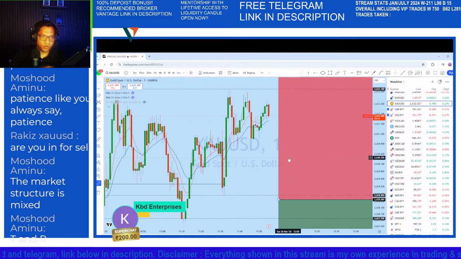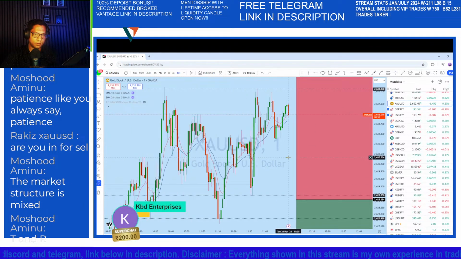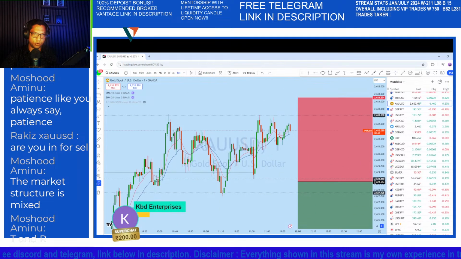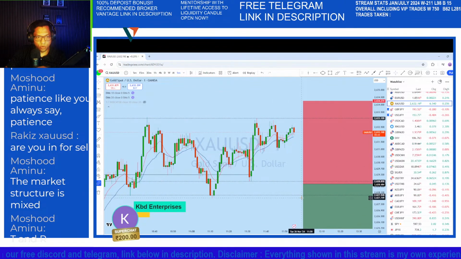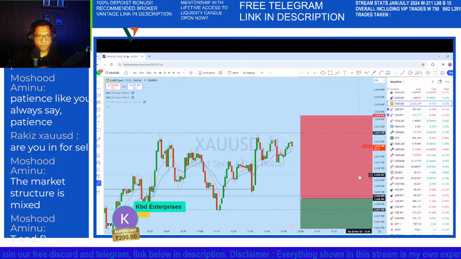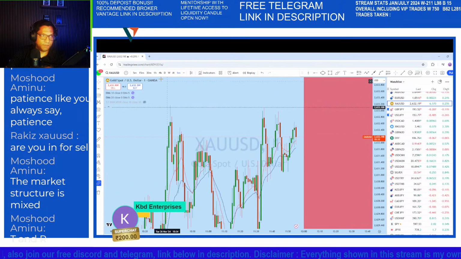Okay, now from here, this is the last point that we can look for if the market wants to drop to the support, or it may just keep trending.